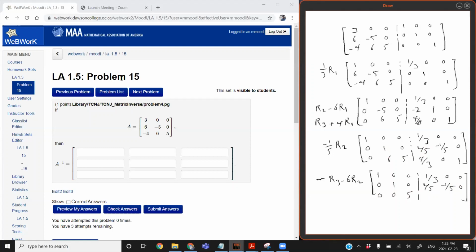So negative 6 times this, negative 12 over 5. Negative 12 over 5 plus 4 over 3.